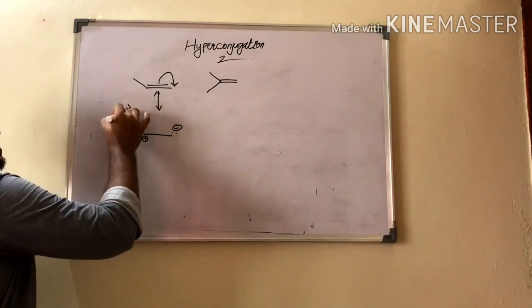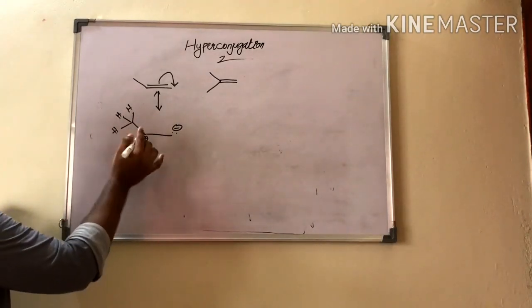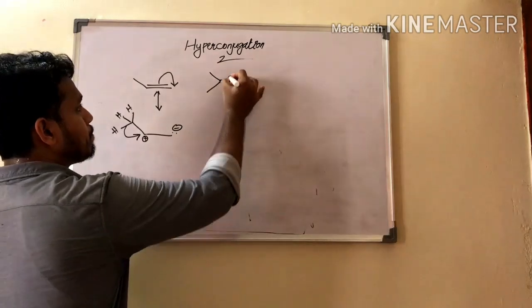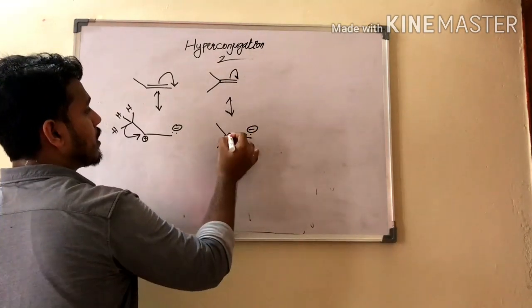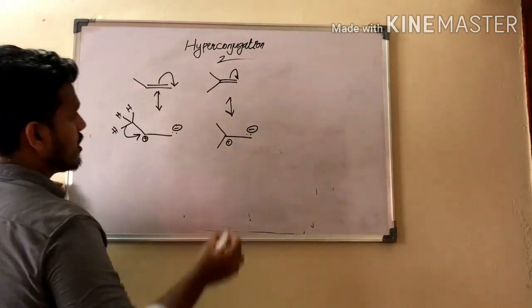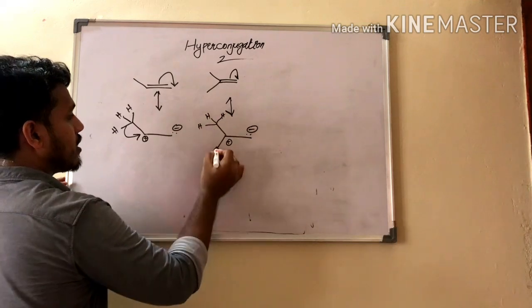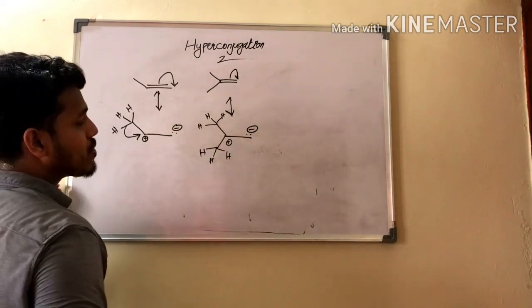Now you can see 3 hydrogens here, so 3 hyperconjugations are possible here. What about here? Carbocation, right? Here you can see 3 hydrogens, here you can see 3 hydrogens. So how many hyperconjugations are possible?